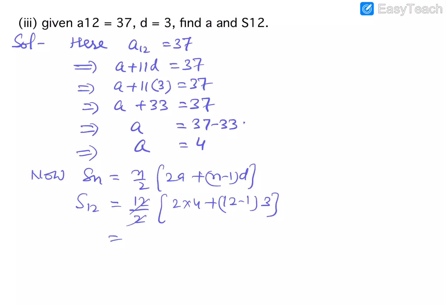So cancelling 12 and 2 gives 6, 4 twos are 8, 11 threes are 33, 6 into 41, 6 ones are 6 and 6 fours are 24. So 246 is the sum of its 12 terms.